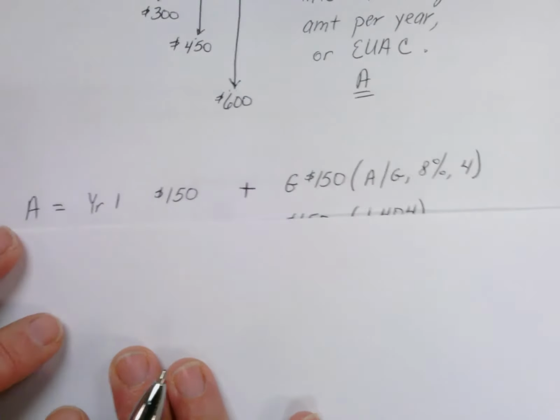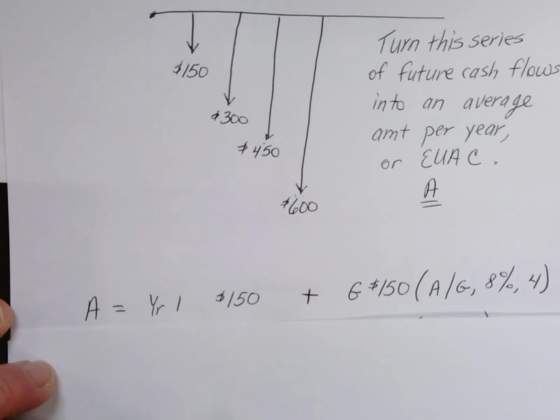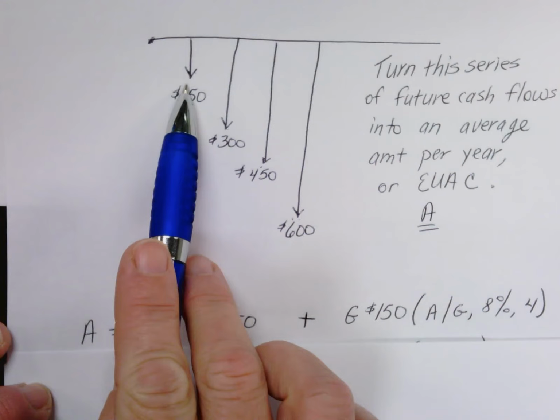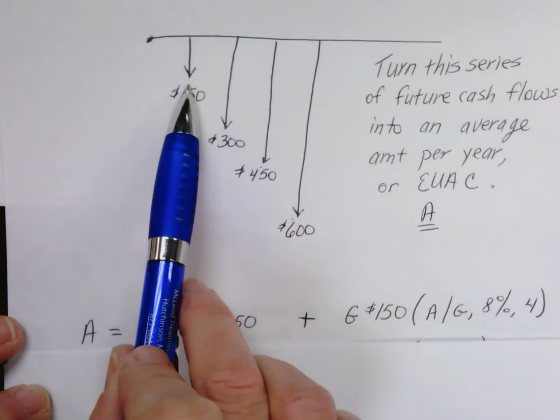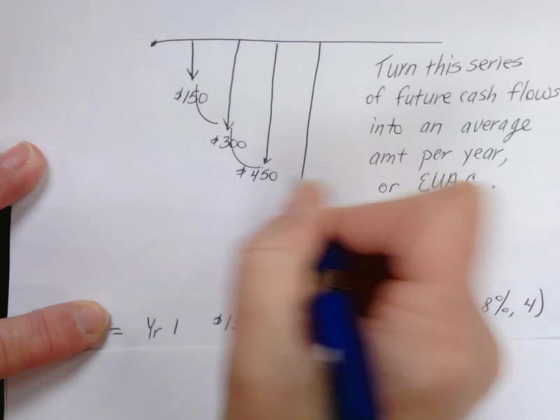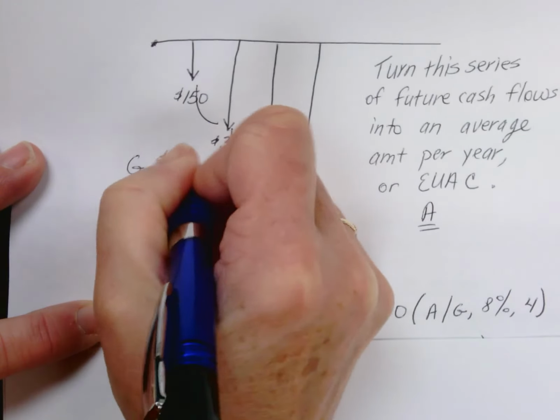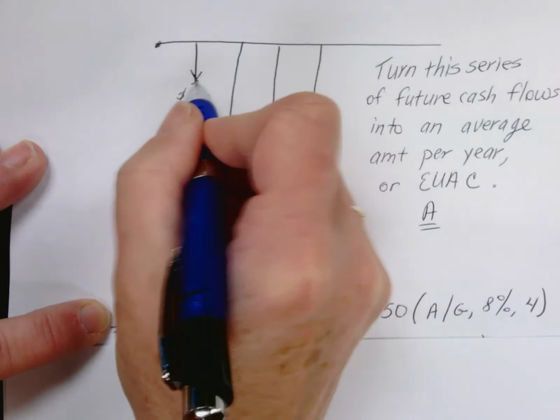So what we've got to do here is start with treating the first year differently because it's not really quite a gradient. It starts at 150. The amount of the gradient, the amount of change between each of these years, the amount of the G is 150. And we need it to start at zero.